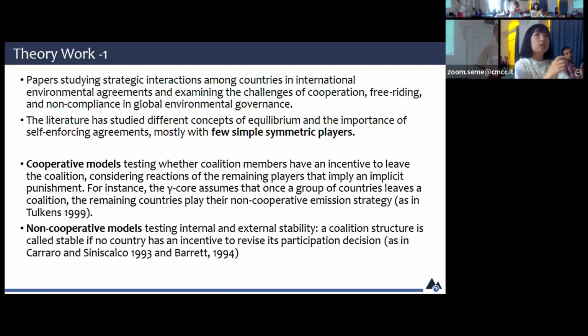In reality, you calculate stability ex post. You build your model, you calculate all the payoffs in the various coalitions and in the Nash, and then with the deviation of each country from the coalition. Then you can apply both concepts of stability to your data.